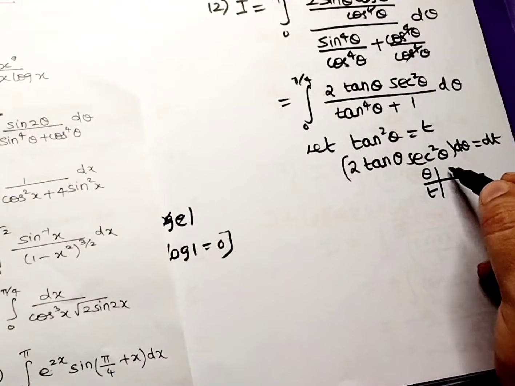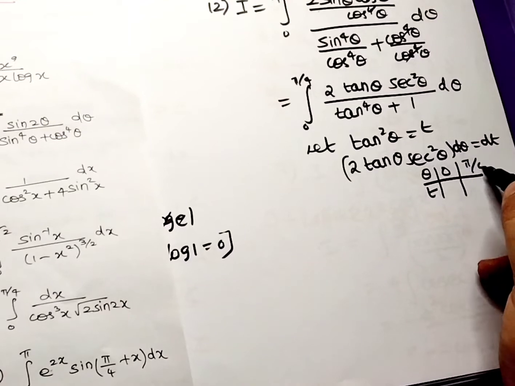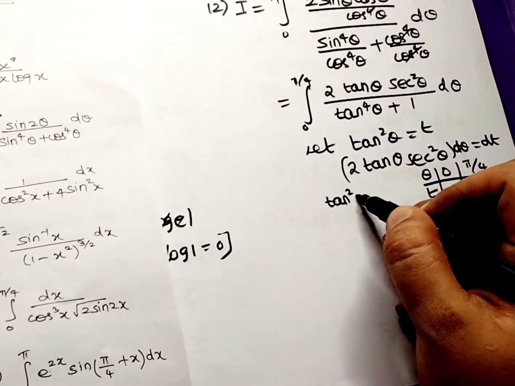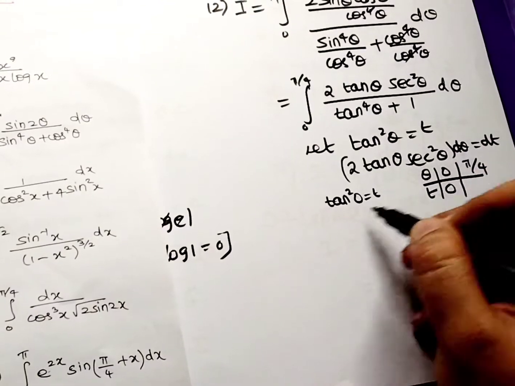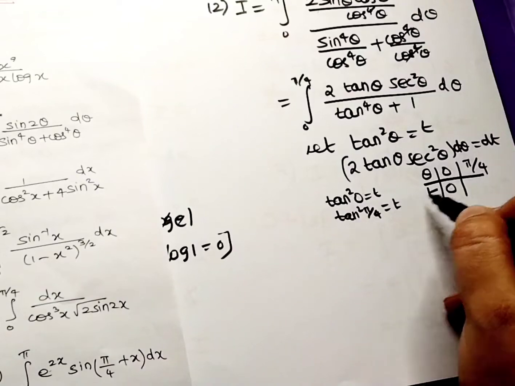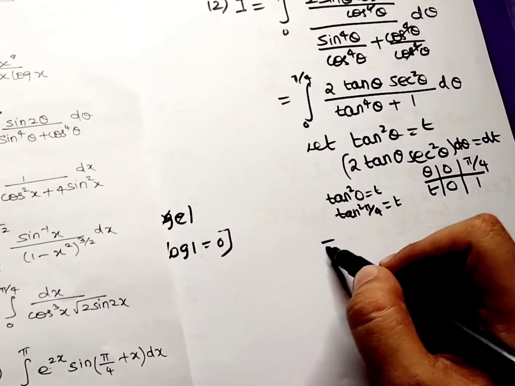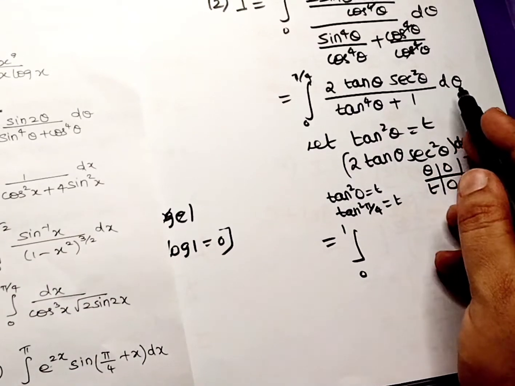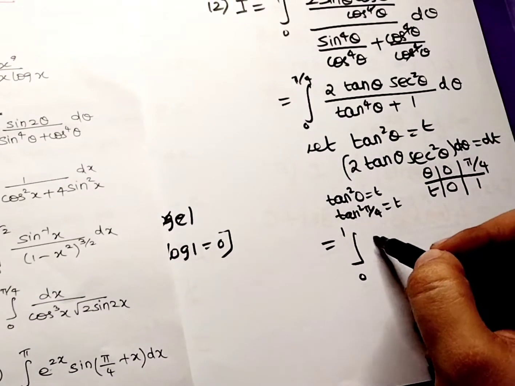Theta and t: theta's value is 0 and pi by 4. When you substitute here, tan square 0 is 0, and tan square pi by 4, so tan pi by 4 is 1, square is 1. So I can be written as 0 to 1, 2 tan theta secant square theta into d theta as dt.